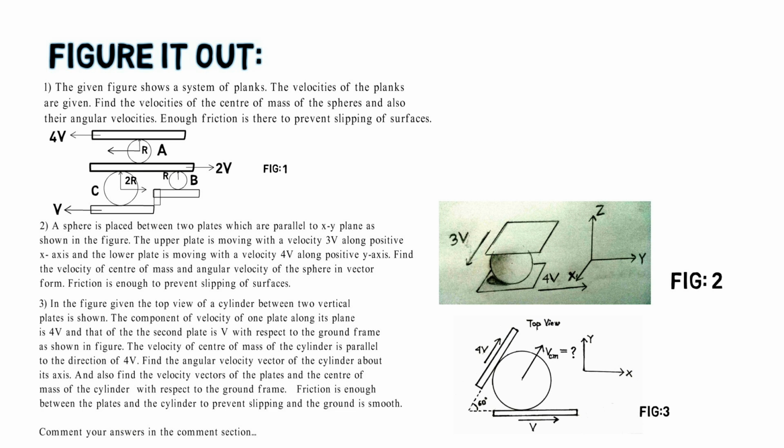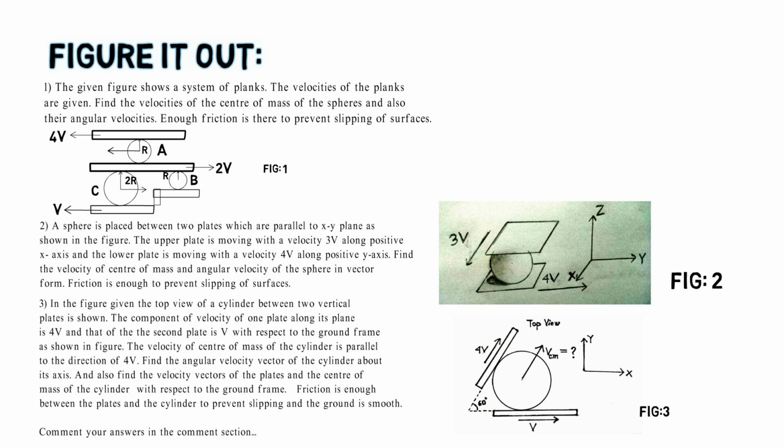And number 3: in the figure given, the top view of a cylinder between two vertical plates is shown. The component of velocity of one plate along its plane is 4v and that of the second plate is v with respect to the ground frame as shown in the figure. The velocity of center of mass of the cylinder is parallel to the direction of 4v.